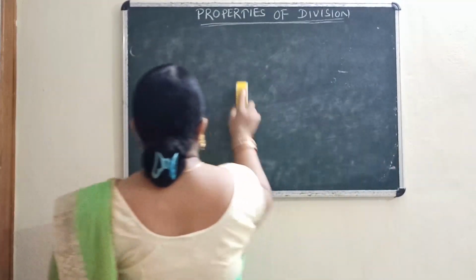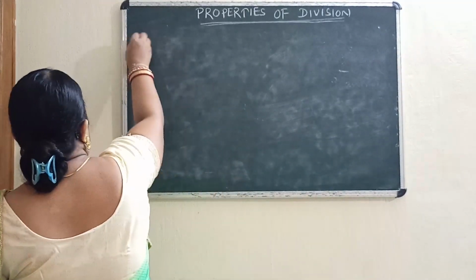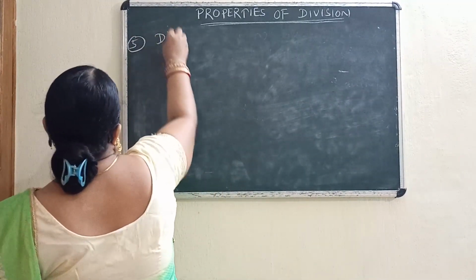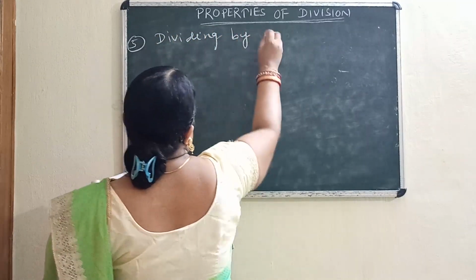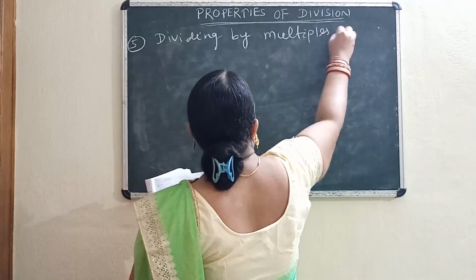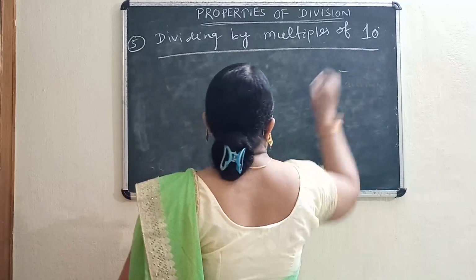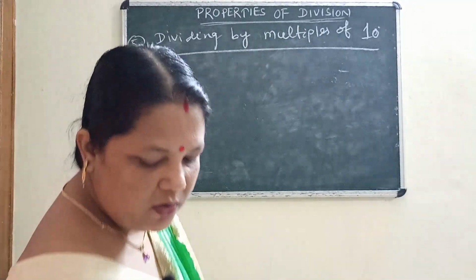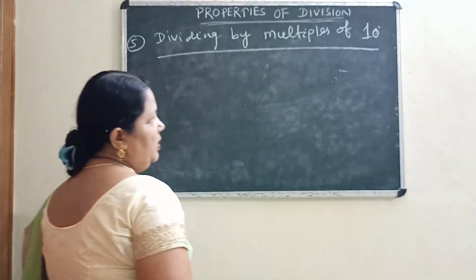Then the last one, it's interesting: dividing by multiples of 10. In multiplication also we discussed these properties.